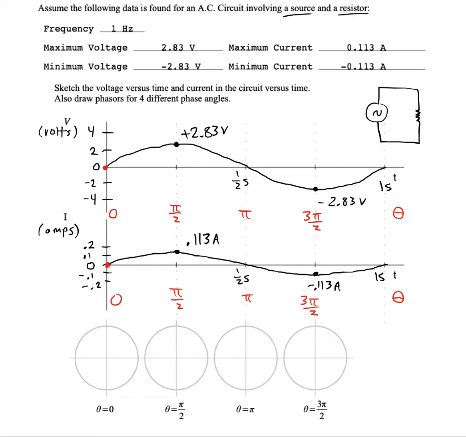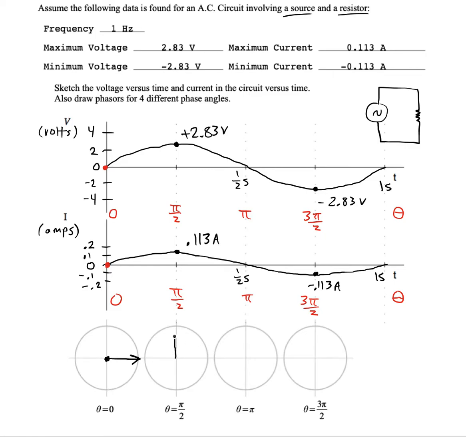So how do the phasors work? Well, they're just going to be vector arrows that start from the center of the diagram and point toward the angle that we're at here. Now this can be my voltage phasor. And the phasor will circulate around.